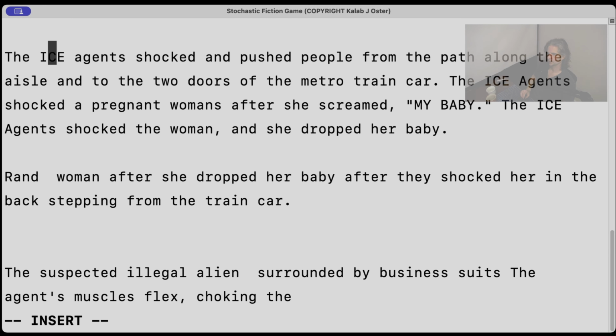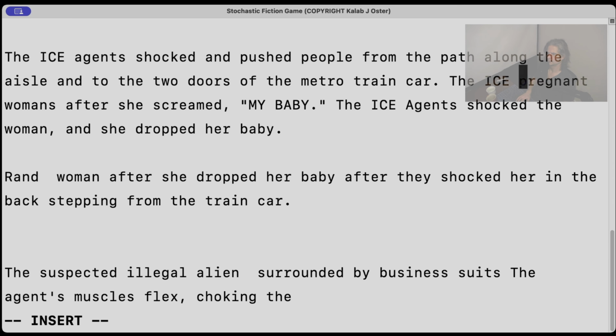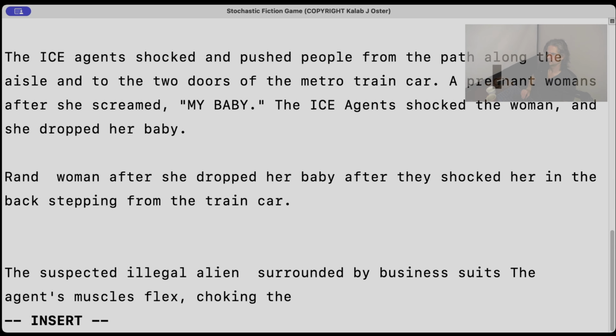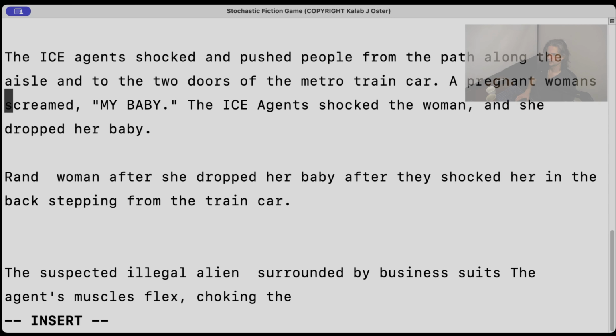The ICE agent shocked and pushed people from the path along the aisle into the doors to the metro train car. The ICE agent shocked a pregnant woman after she screamed, "My baby." The pregnant woman screamed, "My baby."